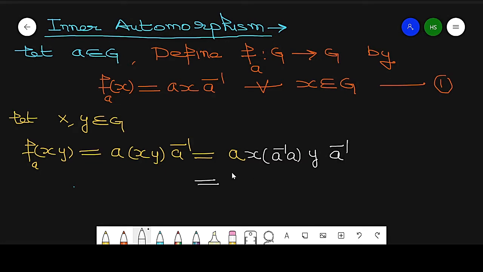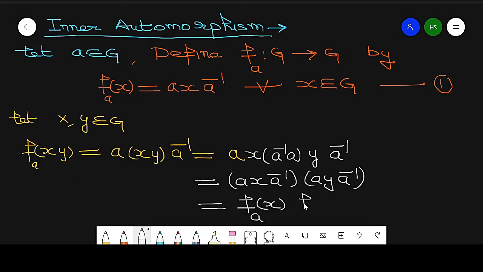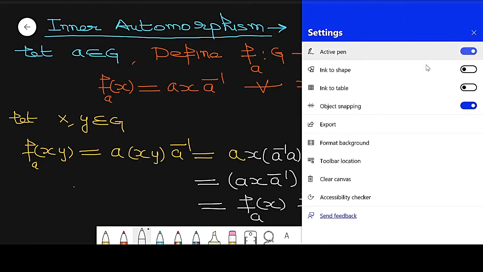So this is f_a(x) f_a(y) for every x, y belonging to G. So this mapping is a homomorphism.